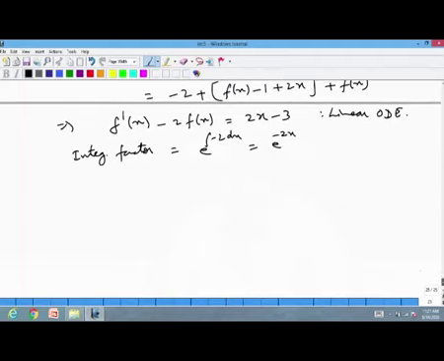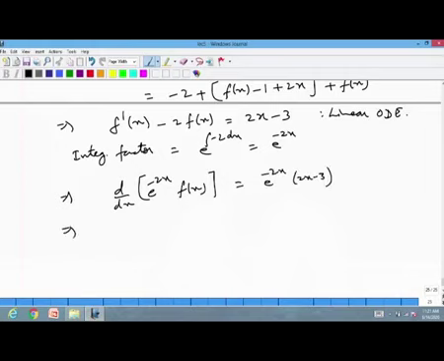So, by multiplying by e to the minus 2x, we get d dx of e to the minus 2x times f x is equal to e to the minus 2x times 2x minus 3, which implies e to the minus 2x f x is equal to integral of 2x minus 3 times e to the minus 2x dx.